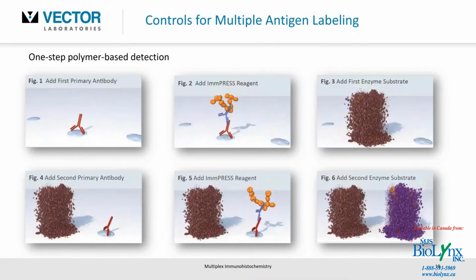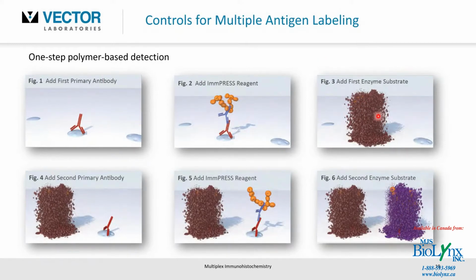Let's have a quick look at some crucial negative controls here. So we've got your first label in place, your first primary antibody, doesn't matter what it is, let's call it mouse, your first secondary antibody, and then you're developing with your first substrate.